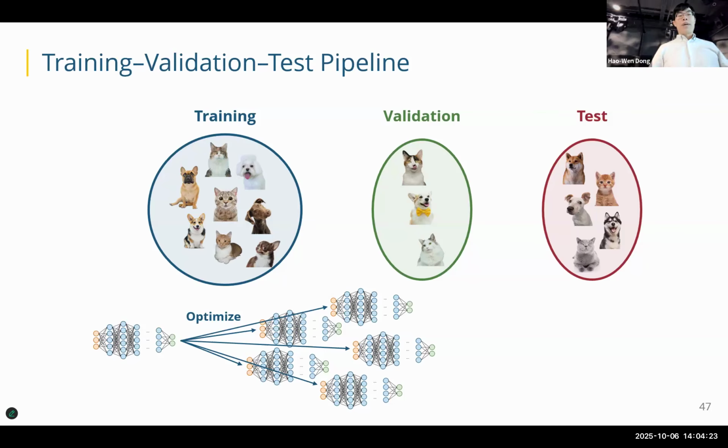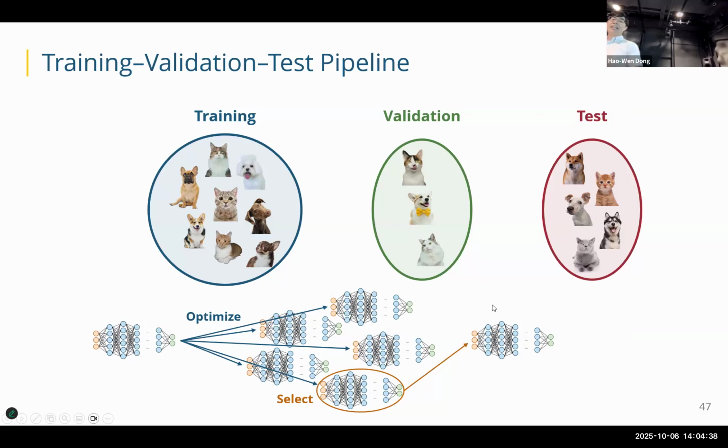You train a bunch of different models and you want to optimize them toward their best version. Now you want to select one of these using the validation set performance to see which one is the best. And then finally, you pick the best one as the one that you will test on the test set to see its generalizability.